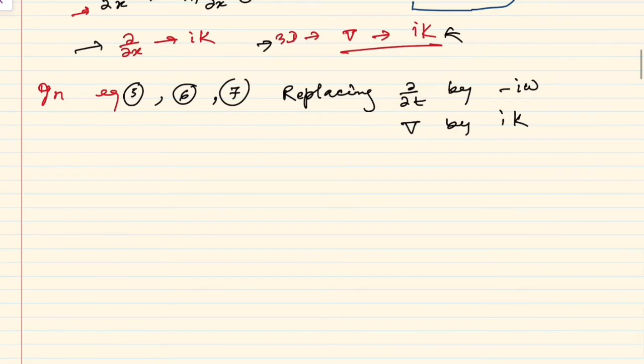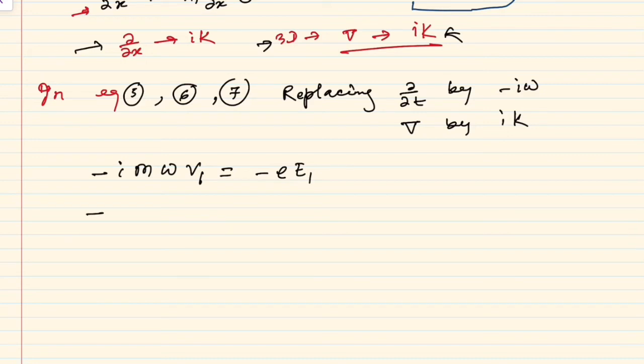We get these three equations: minus i m ω v1 equals minus e E1.